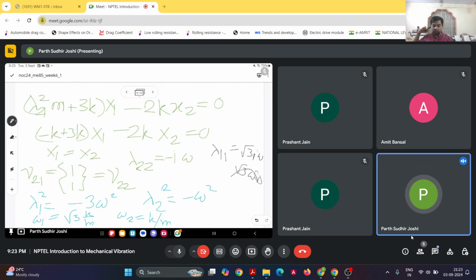Whatever root 3 omega is representing the natural frequency, right? So that coefficient. By using that same logic, I said that omega 1 is root 3 omega, which is root 3 k by m actually.